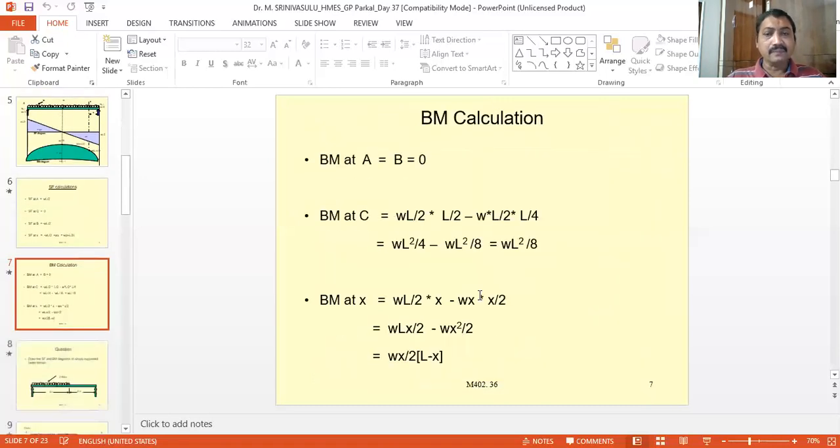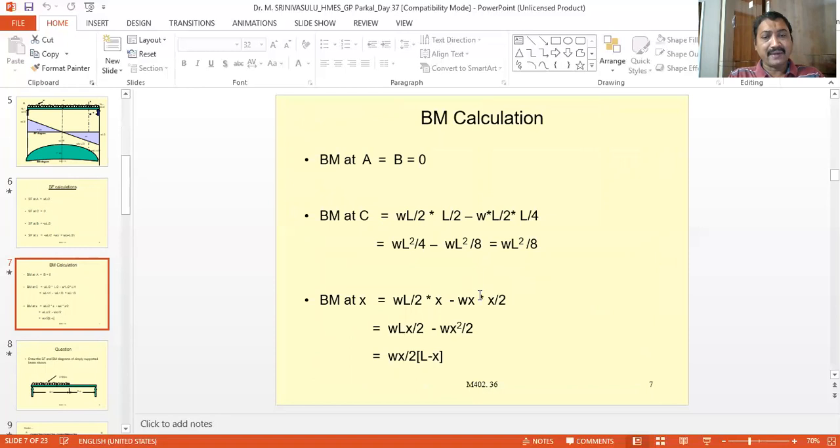Next, coming to the bending moment calculations. As we know, for the simply supported beam, the bending moments at point A and at point B, that is at the points of support, are equal to 0.